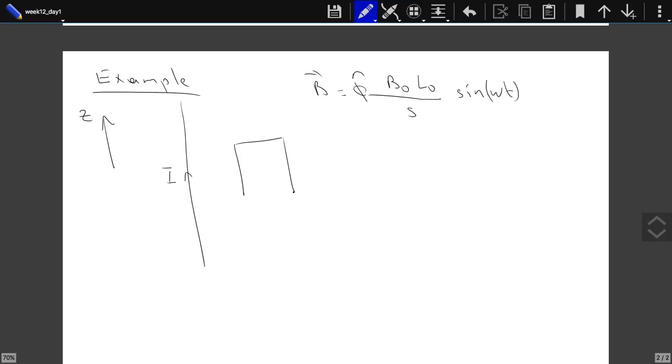And let's assume we have a rectangular loop over here. At t equals 0, what is the direction of the induced current?